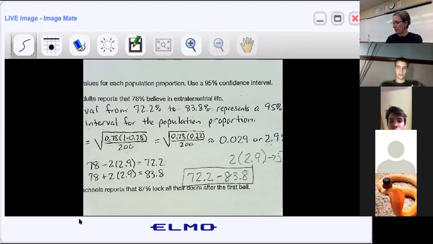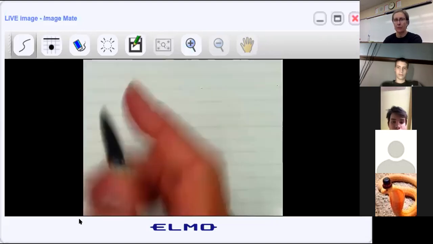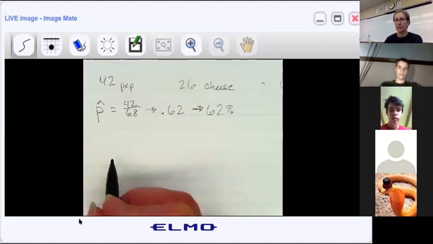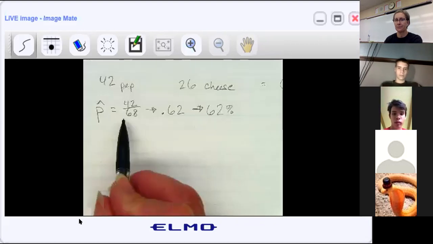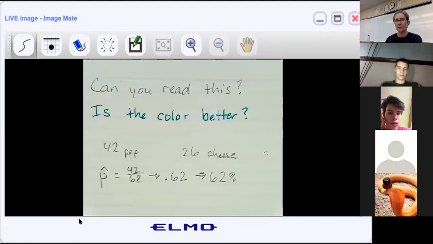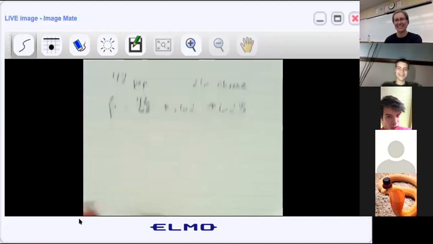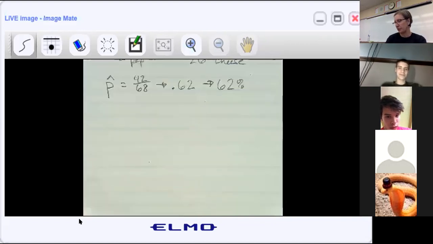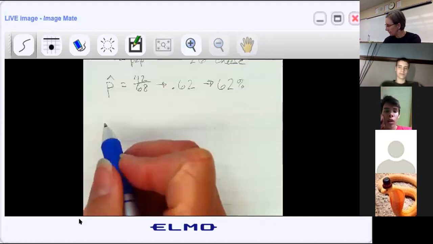No. So it's this right here. Is it any easier if I'm writing on the paper here? Can you see that any clearer? Yeah. Is it better even if it's in color? Yeah, it's better, but it doesn't really matter. Okay, I will use the color.